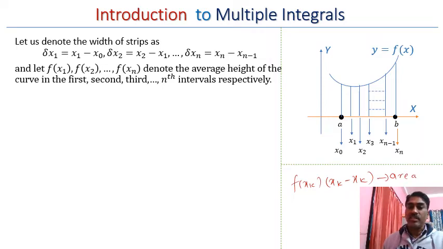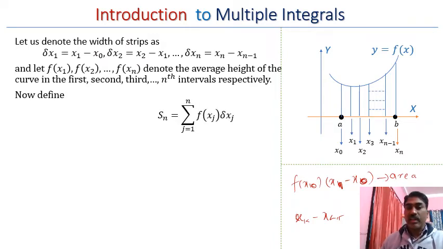It gives the area of the strip of width xk minus x(k-1). For example, the average height between x0 and x1 gives the area of the first strip. Do you think this area is exact? It is not exact, as I have already shown in the figure.